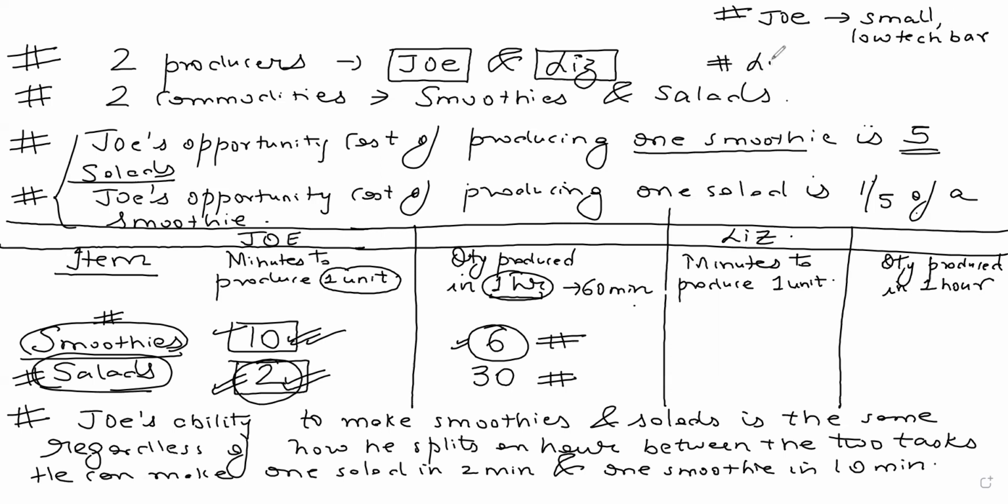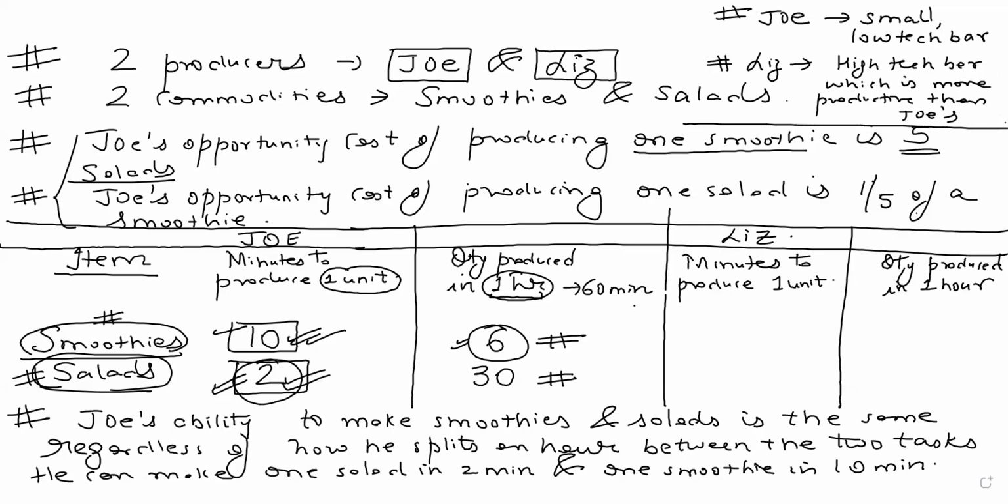Liz, on the other hand, is more advanced, uses a high-tech bar, which is more productive than Joe's.